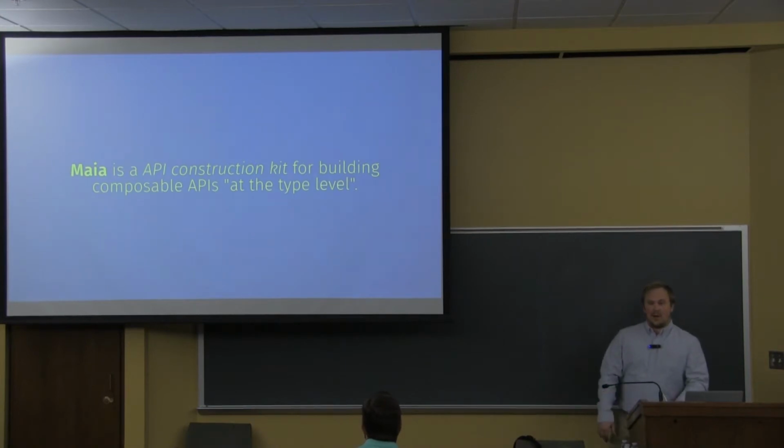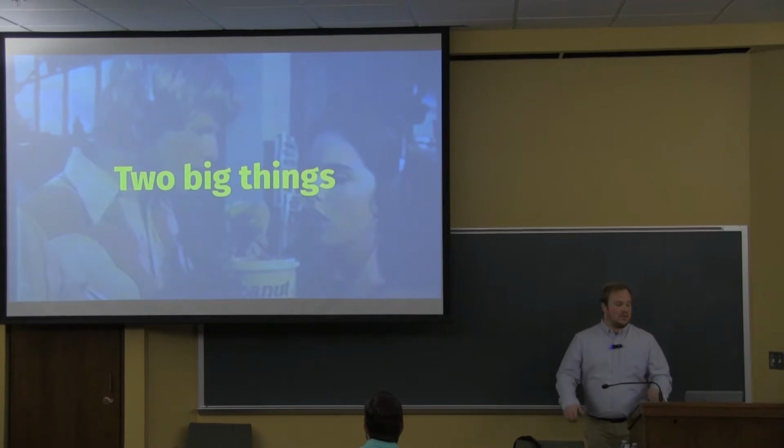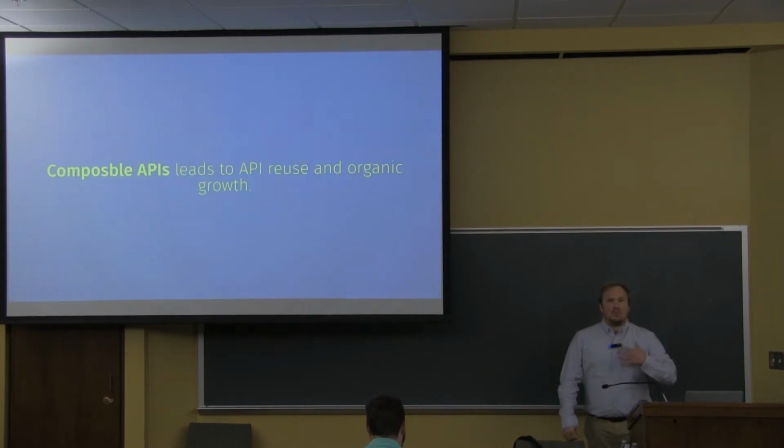So I think that Maya brings together two big ideas that solve these problems. First is composable APIs. Honestly, I'm stealing a lot of these things from GraphQL, so if you're familiar with GraphQL, this is the same kind of composability, but I find that when I've been working in REST APIs in the past, you don't necessarily have as much reuse and composability as you might expect.